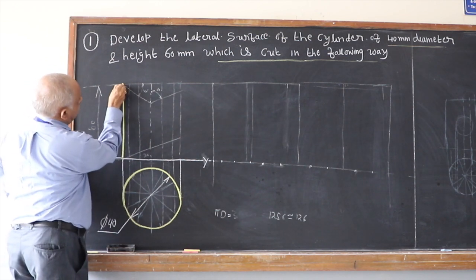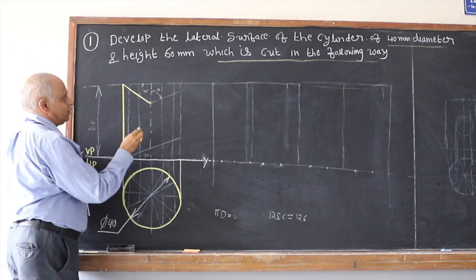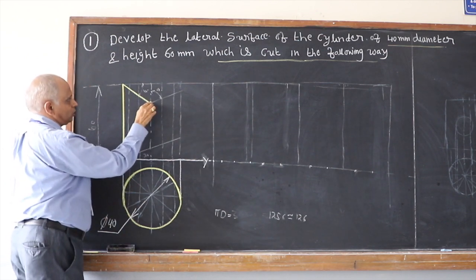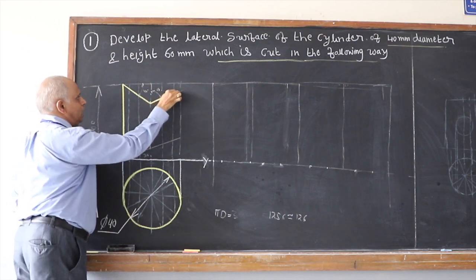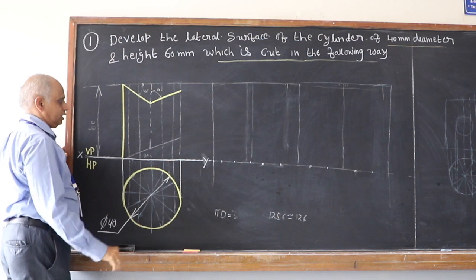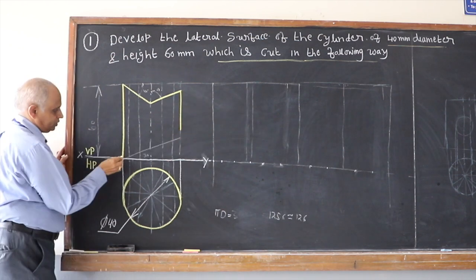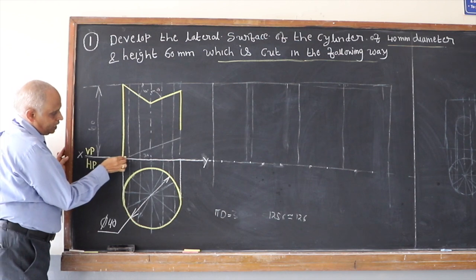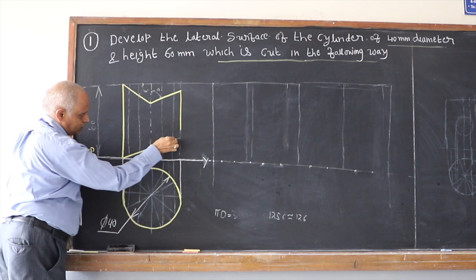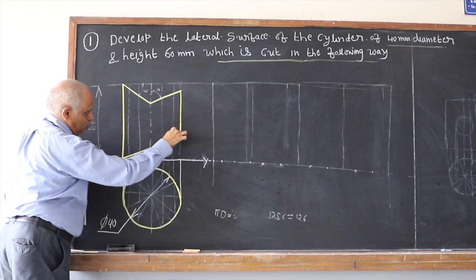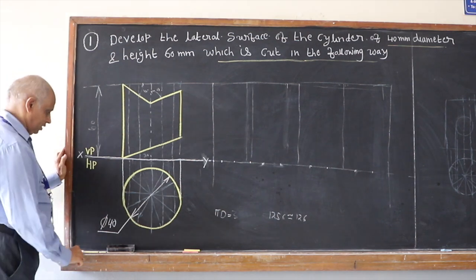Then this line goes at an angle of 45 degree with respect to horizontal. Now it goes at an angle of 60 degree to vertical, means 30 degrees to horizontal. It comes down. From this side, it is truncated at an angle of 30 degrees to HP. So this is the retained portion of the cylinder, and for this you need to write the development.